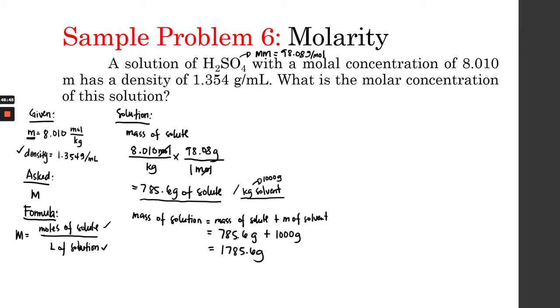Now that we have the mass of solution, we can use the density of solution to find the milliliters of our solution. So that is 1785.6 grams times the density of our solution, 1.354 grams per 1 milliliter.